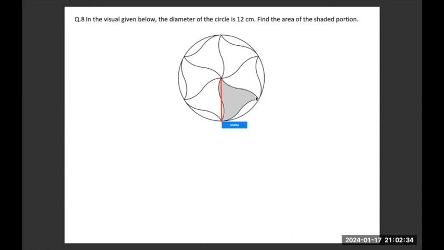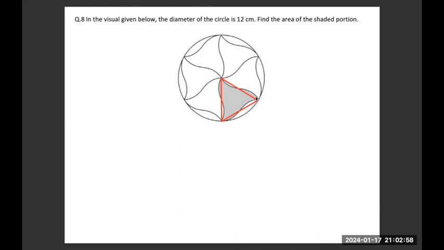When I draw this triangle, what you get is that the area of this red triangle is equal to the area of the gray part. Why is it equal? The area of the red triangle is equal to the area of the gray shaded part.